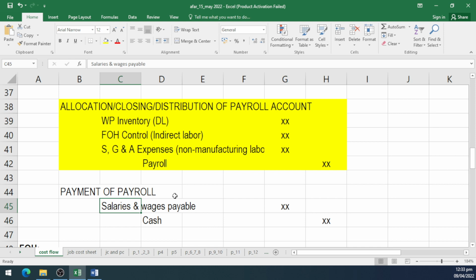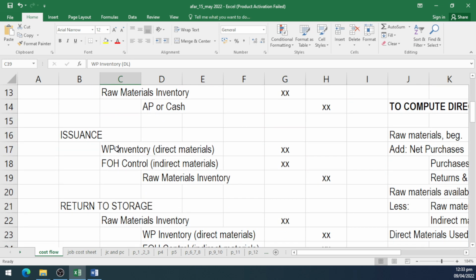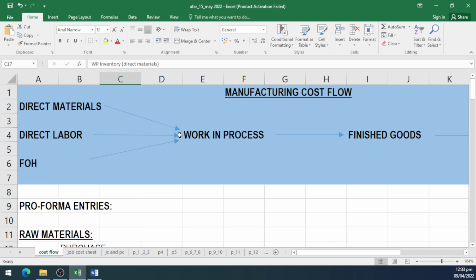Okay? So, mapapansin nyo ngayon, ladies and gentlemen, debit to work in process na naman. Kanina po, sa raw materials, work in process tayo. We are trying to illustrate this manufacturing cost flow.